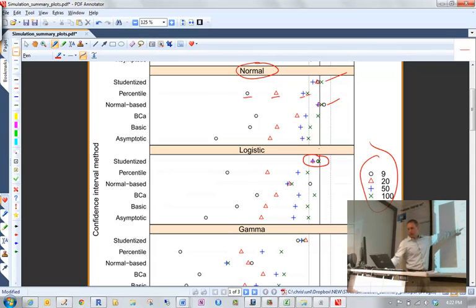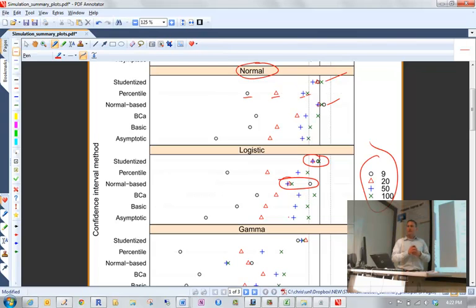Okay, student t. All right, we're still in there. Now normal base. Uh-oh. Now I no longer have these underlying assumptions being satisfied here. And what's even worse is that notice, as my sample size is increasing, is it getting any better?